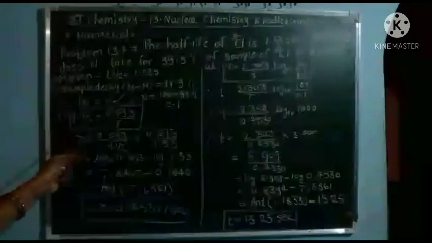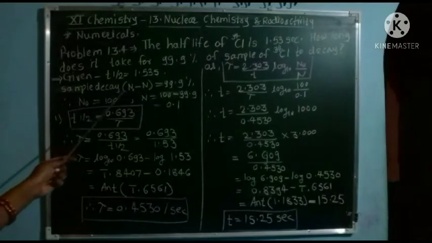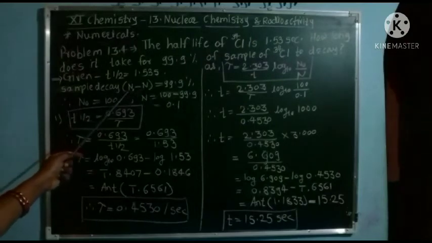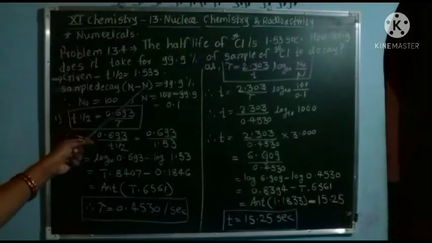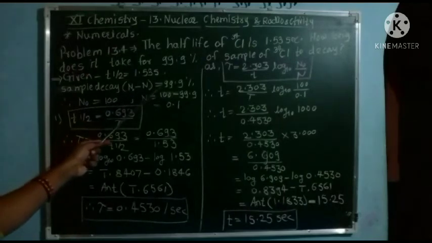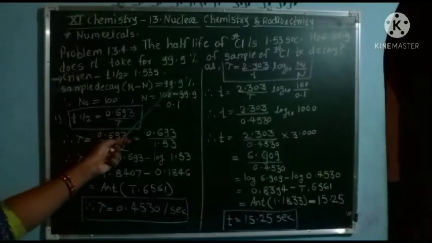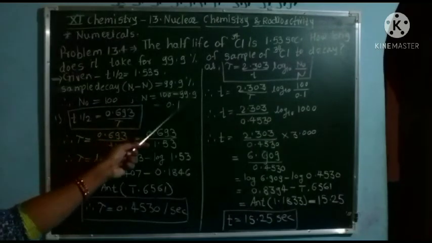We know that the number of nuclei decayed can be calculated by the initial number of nuclei minus the number of nuclei remaining at that instant, that is n0 minus n, and the sample decayed is given, that is 99.9%.